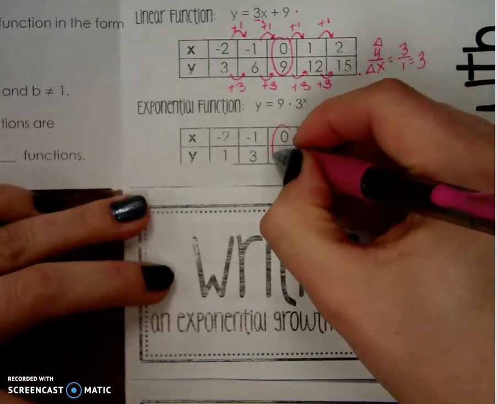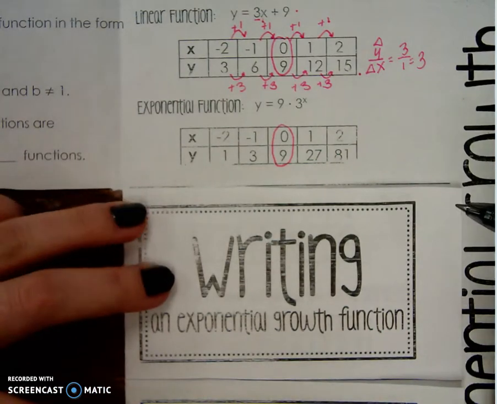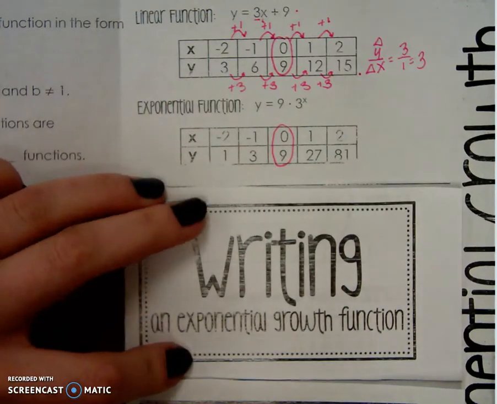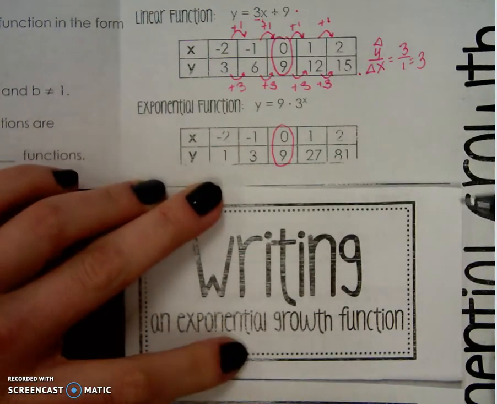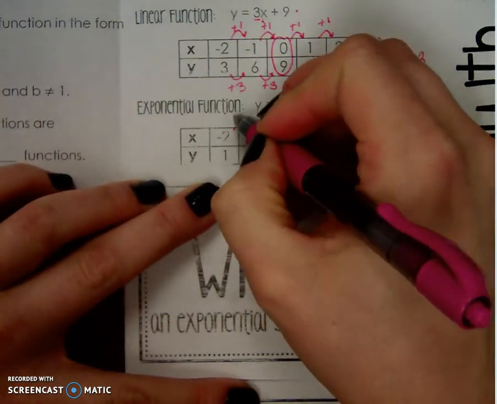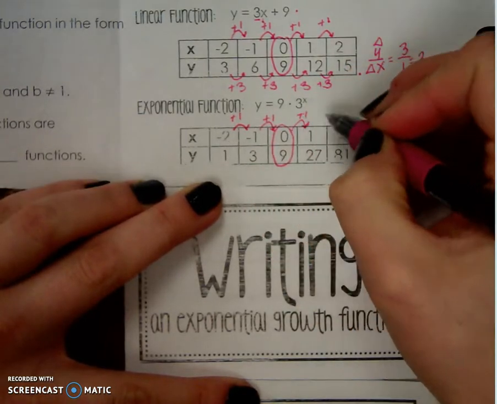Okay, so our y-intercept here is 9. Now let's figure out what happens each time. Okay, x is going up 1 each time. That remained the same.